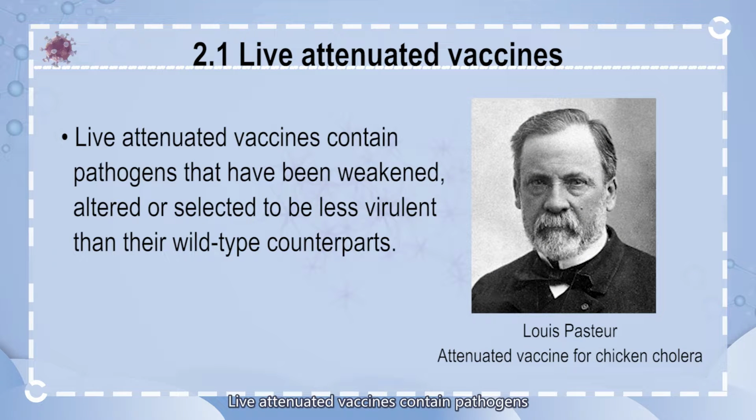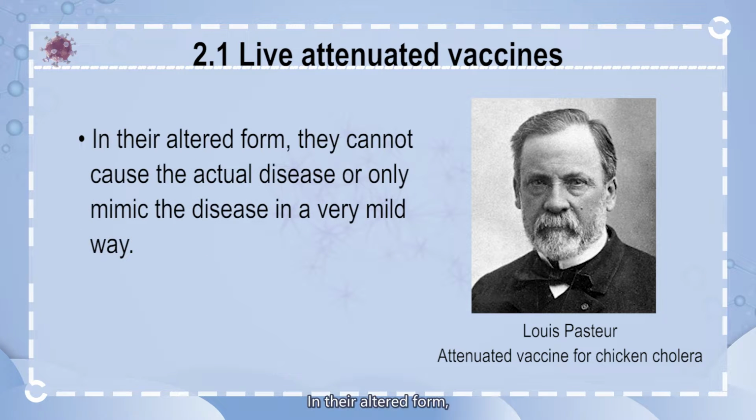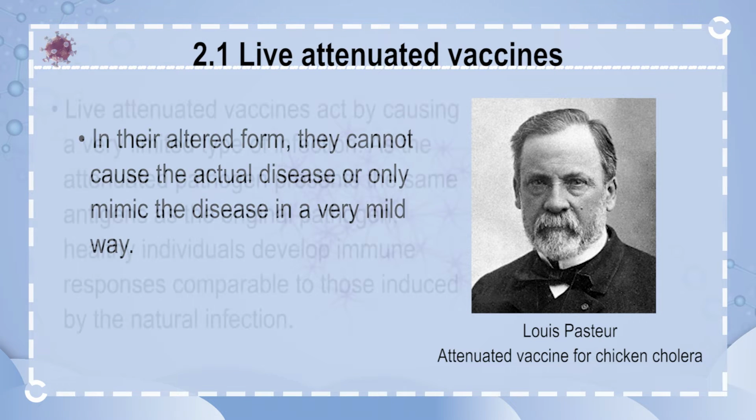Live attenuated vaccines contain pathogens that have been weakened, altered, or selected to be less virulent than their wild-type counterparts. In their altered form, they cannot cause the actual disease or only mimic the disease in a very mild way.